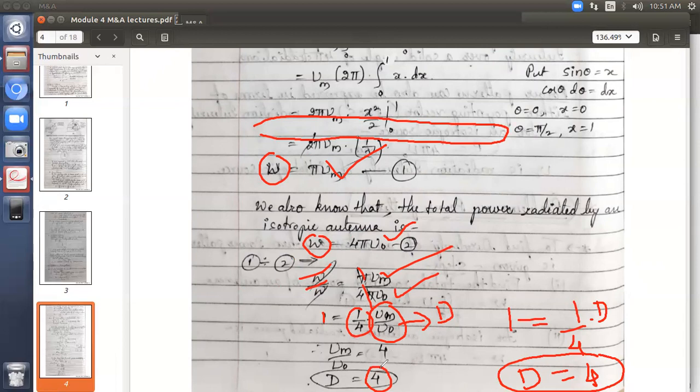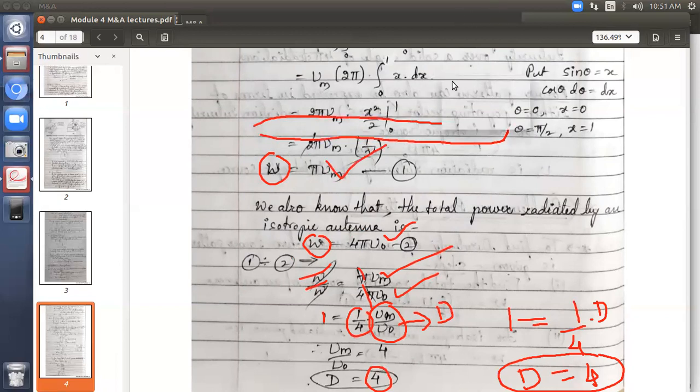The ideal value of directivity is 1. And for all other practical antennas, say loop antenna, helical antenna, reflector antennas, Yagi Uda antenna, lens reflector, paraboloid, for any of these antennas, the directivity value is more than 1.